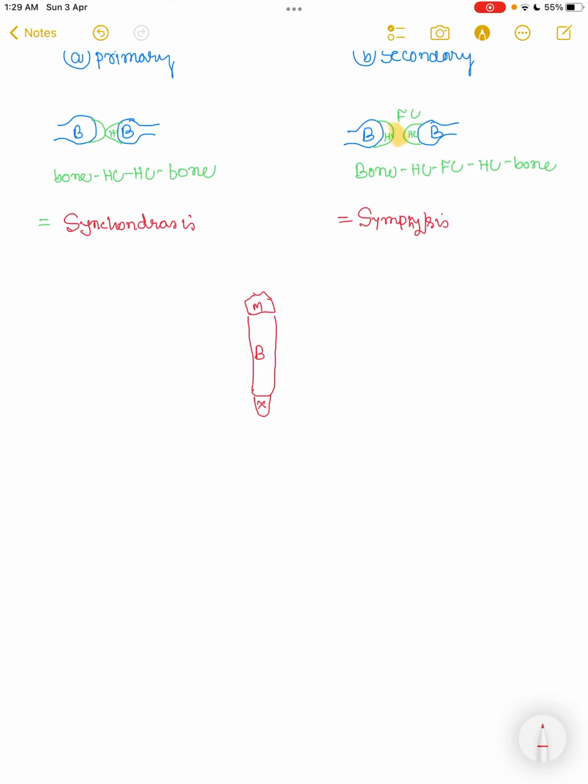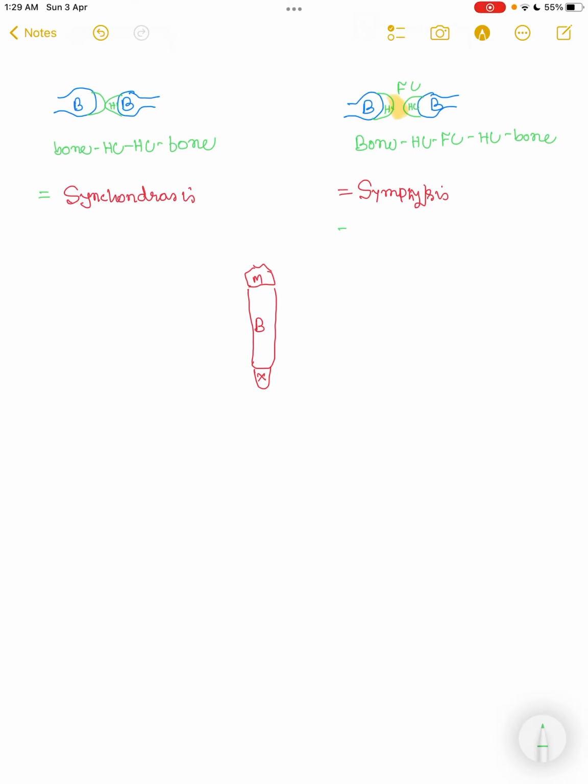So in the case of secondary, the examples are manubriosternal joint, xiphisternal joint, intervertebral disc, symphysis pubis, and symphysis menti.